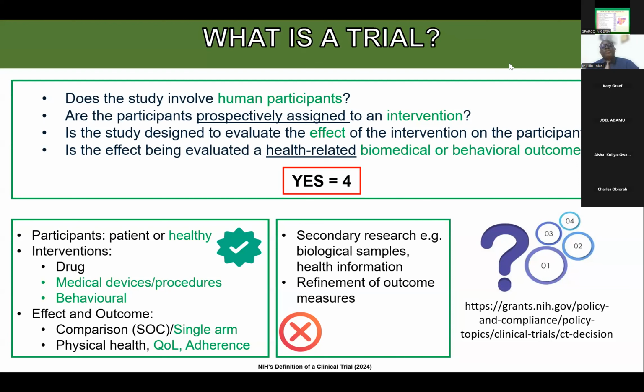Now, let's reflect on this and look back at the initial example. We'll see the human participants, children between ages of 5 to 12, and we'll see that the intervention was really hydroxyurea in low dose versus moderate dose, and the patients were actually selected prospectively. And the effect that I projected as a primary outcome was initial stroke, which is actually a health-related biomedical outcome.